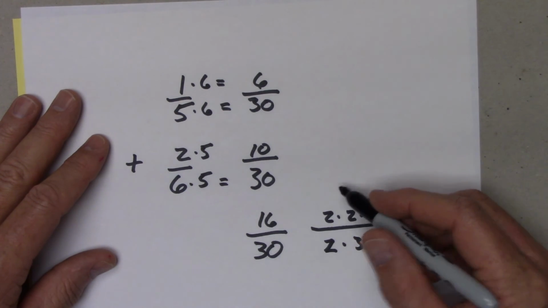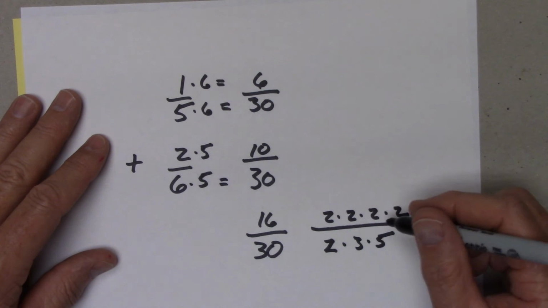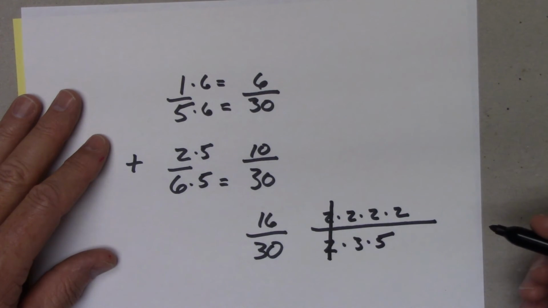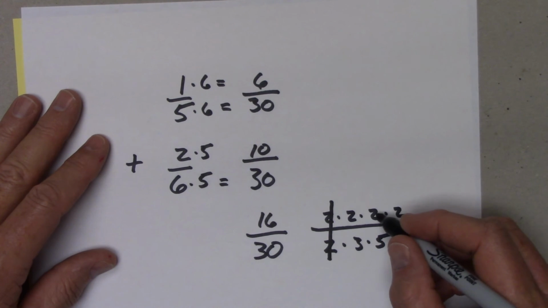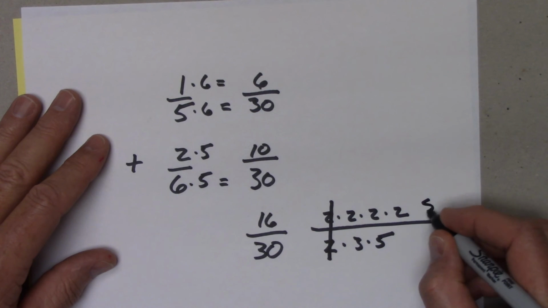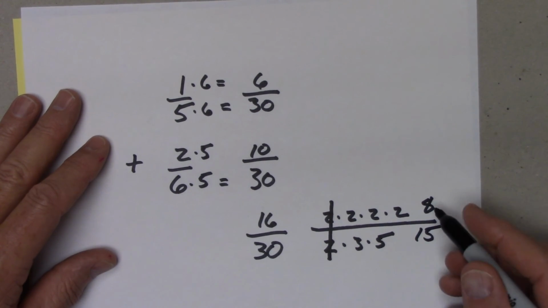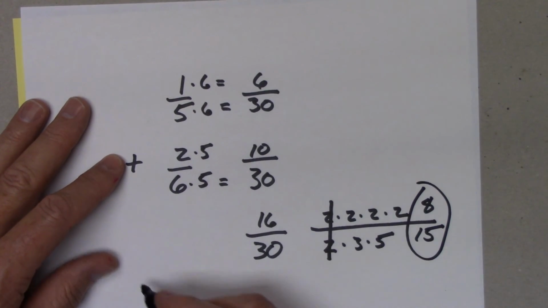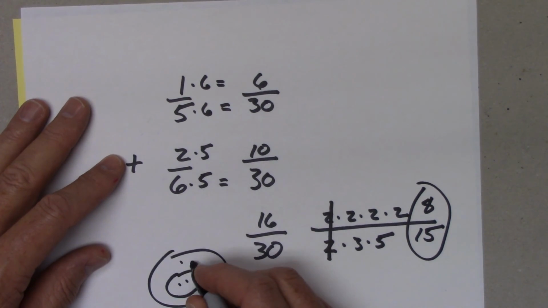Now, we've looked for anything that's the same on the top and the bottom, and that is this right here. And we have then 2 times 2 is 4, times 2 is 8, 3 times 5 is 15. Our answer is 8/15. There's your answer, and over here is your pig.